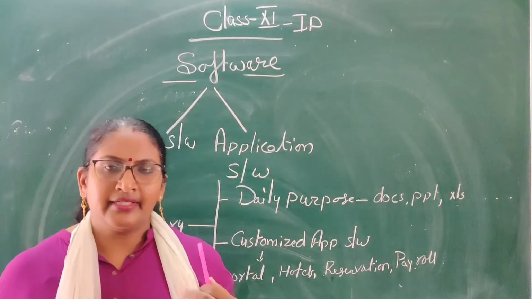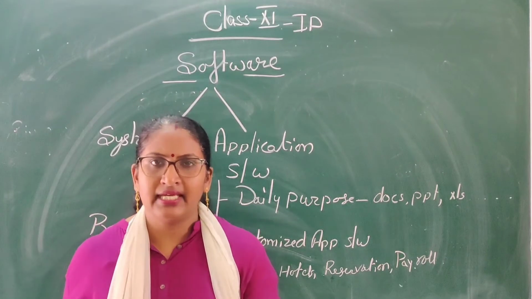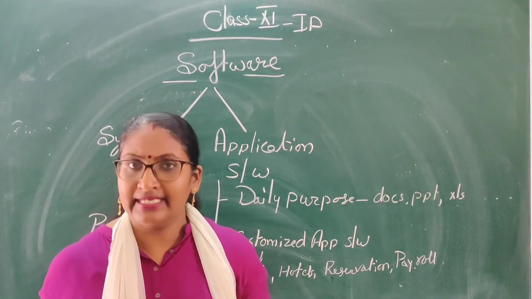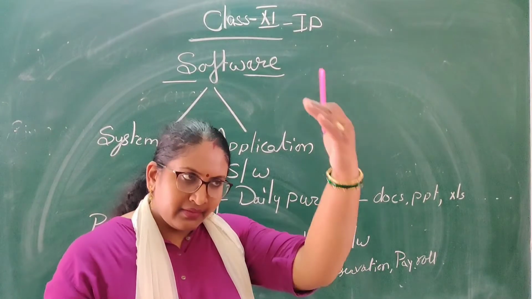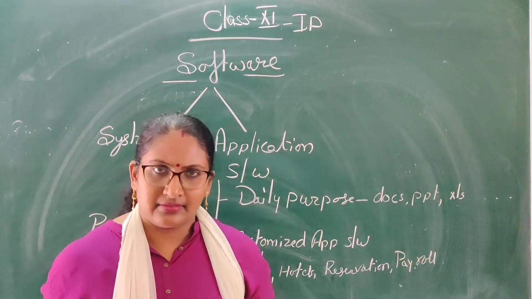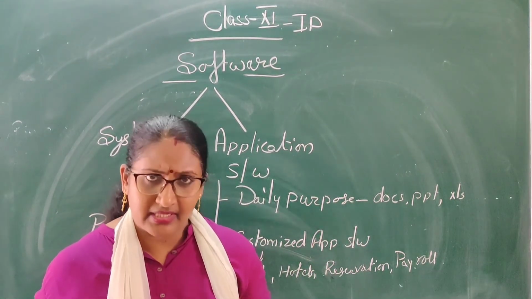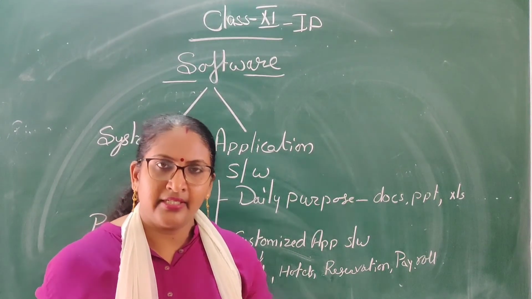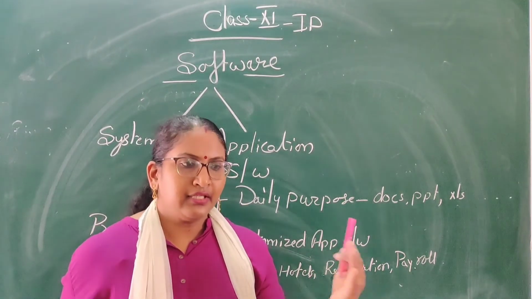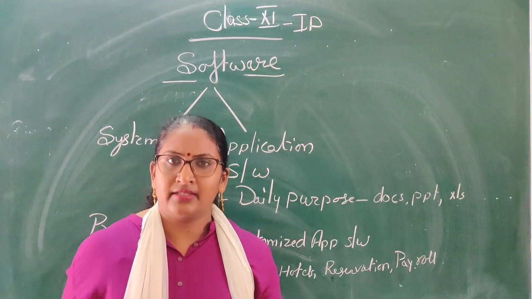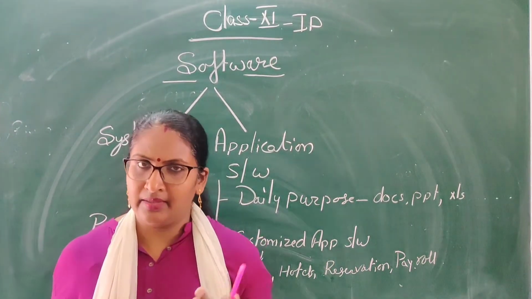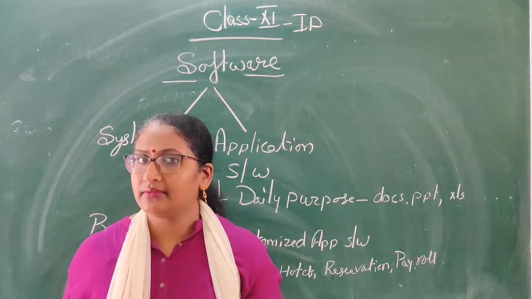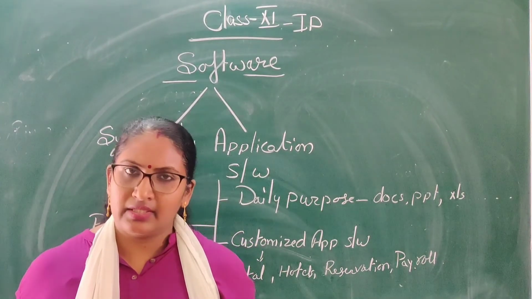You enter the destination, day and date, and you get the trains, flights or buses available, and you choose the AC ticket or general ticket, 2-tier, 3-tier, whatever your requirement is. You are the customer, so they have prepared software like that.